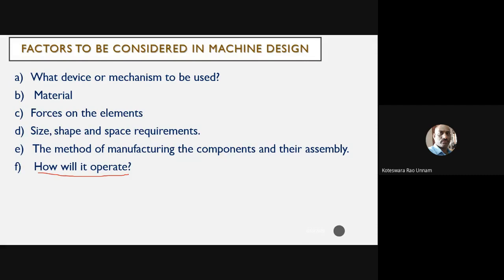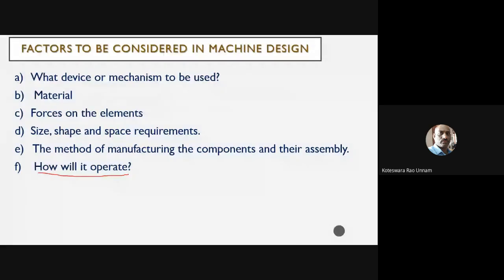Not only that, suppose the machine requires lubrication. Whenever there are sliding parts in your machine elements, that is, a sliding pair, obviously there is friction. Due to friction there is some energy loss from the machine.